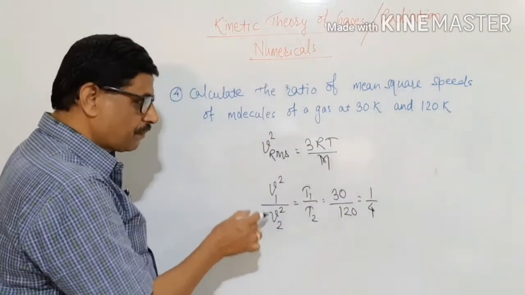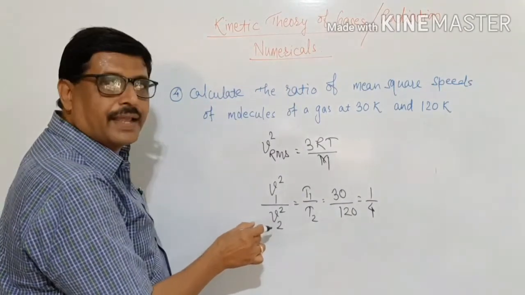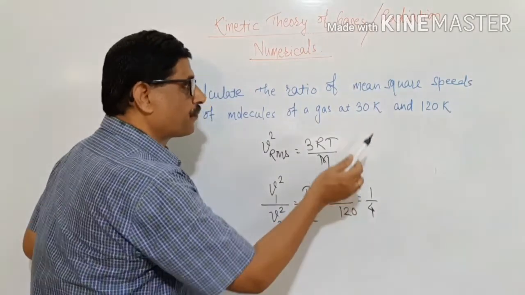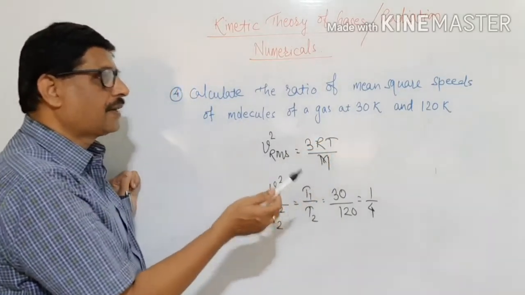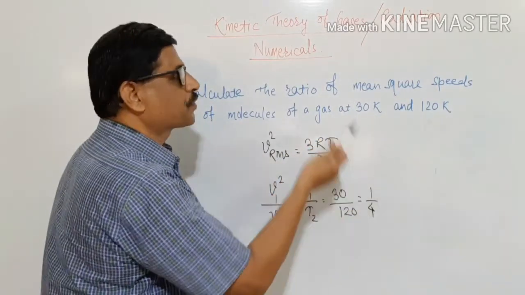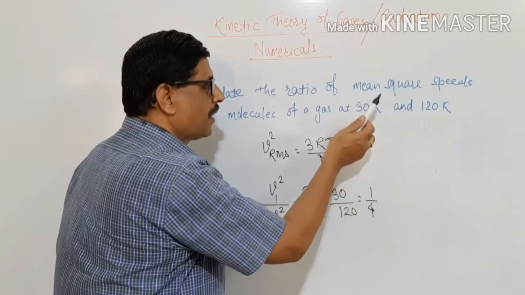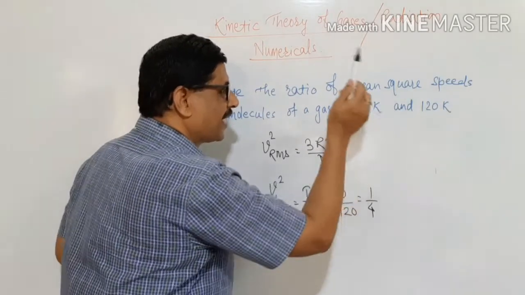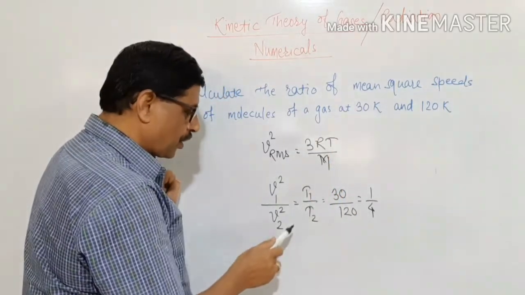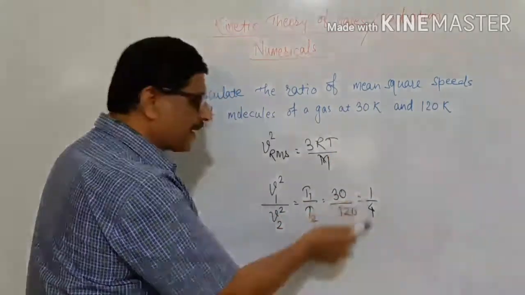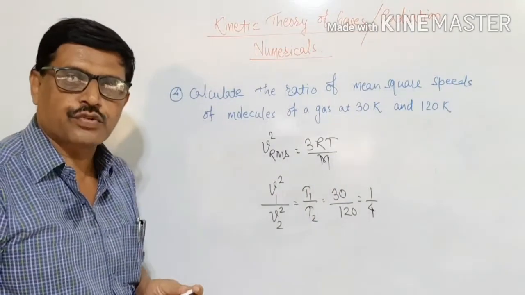Therefore, the ratio of mean square speeds is 1 by 4 because it is directly proportional to the absolute temperature of the gas, and as it is 30 Kelvin and 120 Kelvin, it is 4 times that of 30 and therefore the mean square speed has the ratio 1:4.